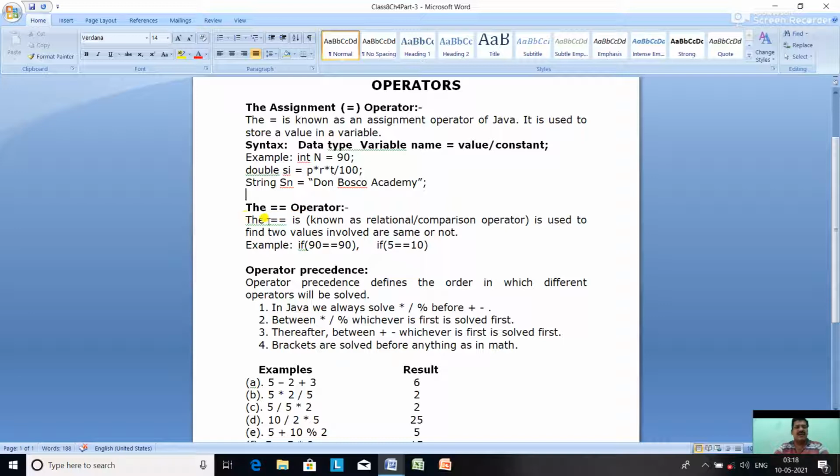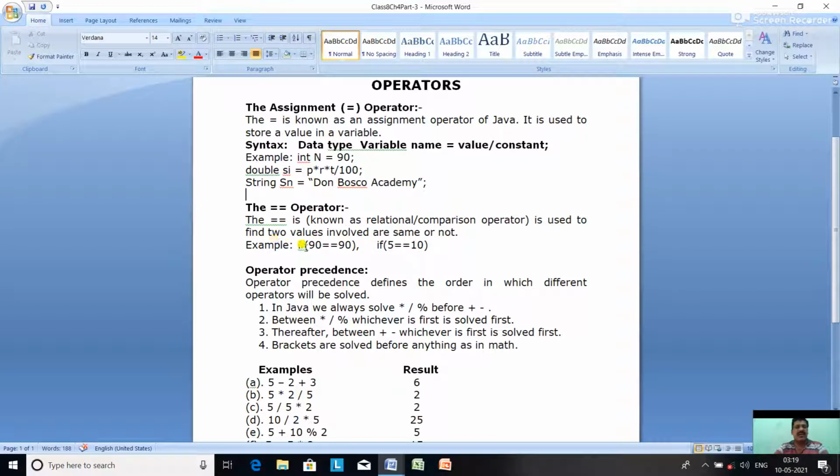So this double equal to is known as the relational or comparison operator. It is used to find whether the two values involved are the same or not. No other use, and it is part of the relational operators.